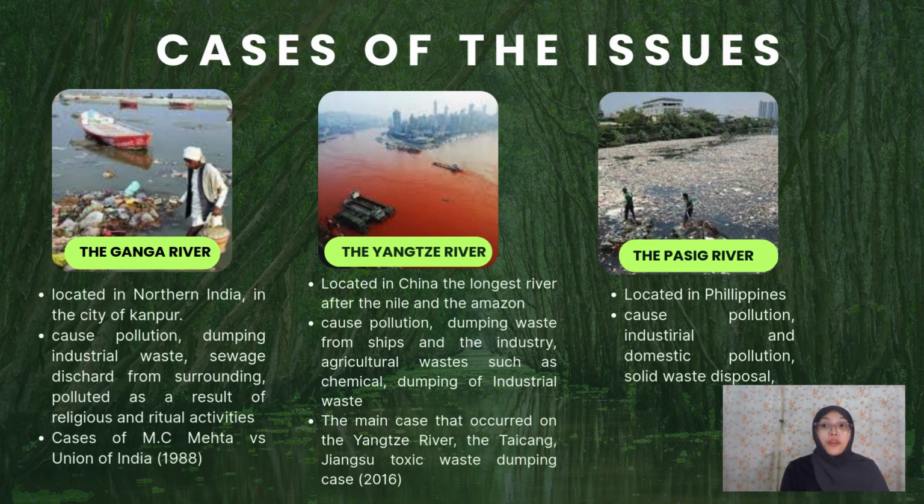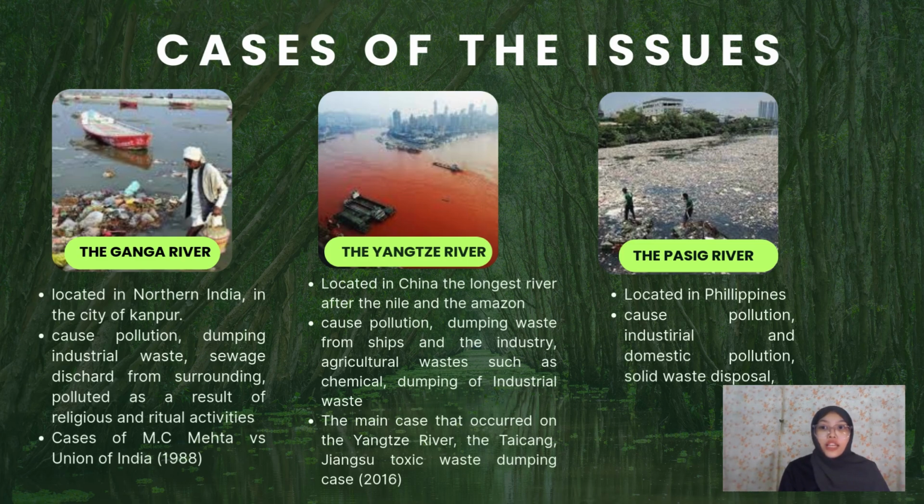So next, I will present 3 major case studies of river pollution around the world. These examples show how serious the issue has become and why action is needed. First, the Ganga River is located in northern India, especially near the city of Kanpur.